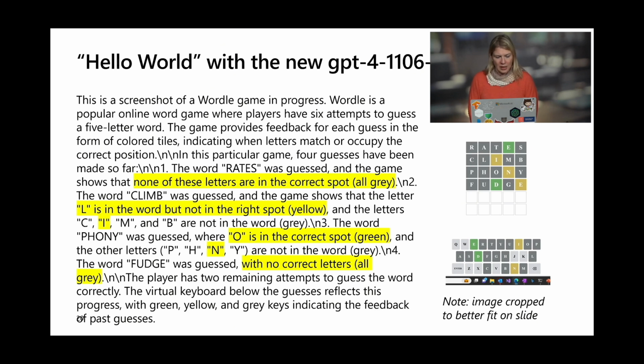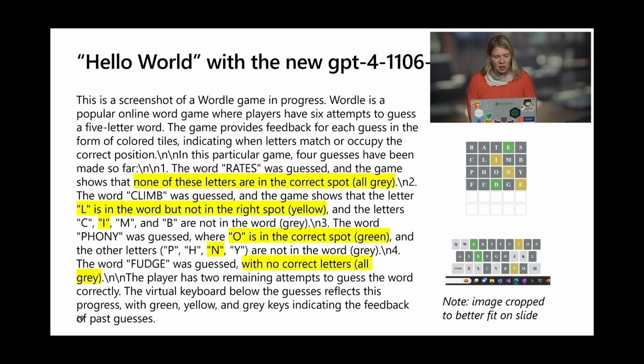It knows what Wordle is. It gives a quick definition here. It is able to correctly pull out all 4 words that I guessed here: rates, climb, phony, and fudge, which is a good strategy, by the way. If you are looking for a Wordle strategy, that is very good because it covers the majority of the alphabet within those letters. But notice too that it did get some stuff wrong as well.